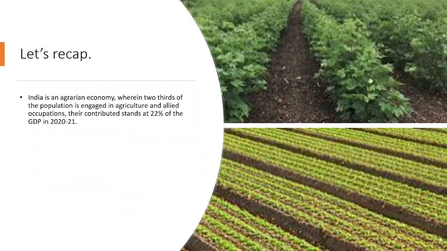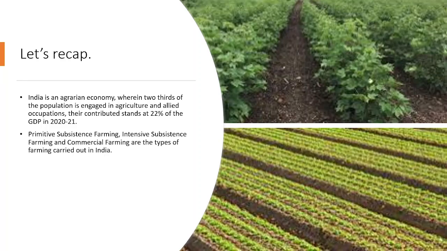Let's recap quickly. We now know that India is an agrarian economy, that is an agriculture based economy, wherein major part of the population is either directly engaged in agriculture or its ancillary activities. 22% of our GDP, that is gross domestic product, comes from agriculture, which is a very high percentage. The types of farming are primitive subsistence, intensive subsistence, and commercial.